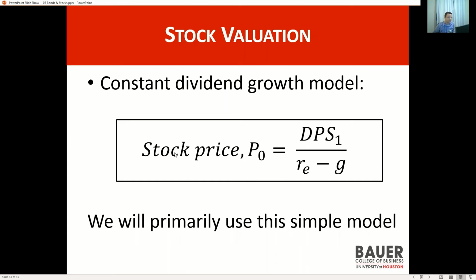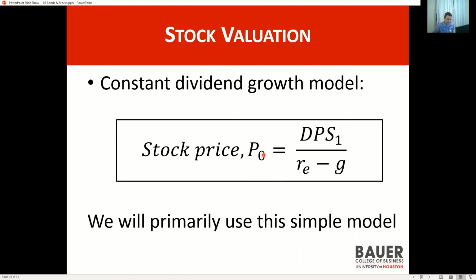That brings us to the actual formula. How would you value a company under the constant dividend growth model? Well, this should look very, very familiar to you. This is the growing perpetuity model. All we've done is we've substituted stock lingo, stock words into the growing perpetuity formula. Instead of a present value, we have the price of the stock. That's P0.